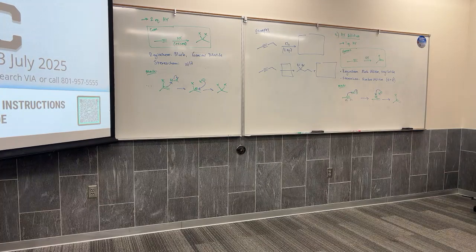Because this is elemental chlorine. It's chlorine bonded to chlorine. I erased it already, but in the mechanism I even draw it as X bonded to X. X2. But H bonded to X. So it's not HX2.